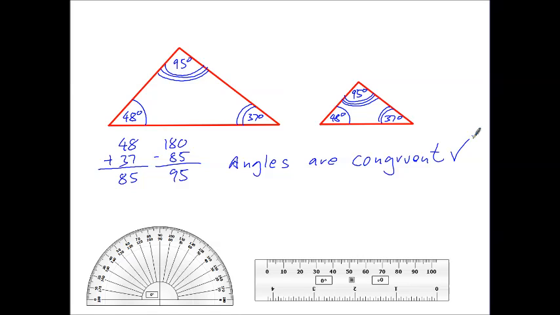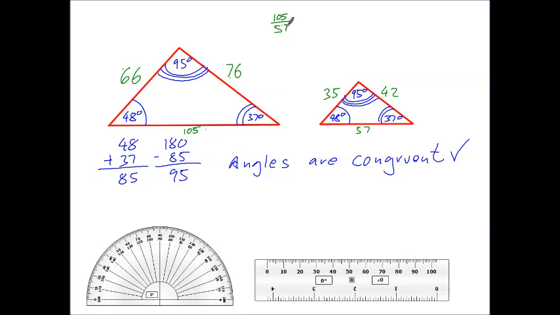Now I went ahead and also measured the sides of both triangles. Here are all the measurements that I made with my ruler. So let's see if those sides are proportional. 105 was the measurement of the largest side of the larger triangle, and 57 the one of the smaller triangle.